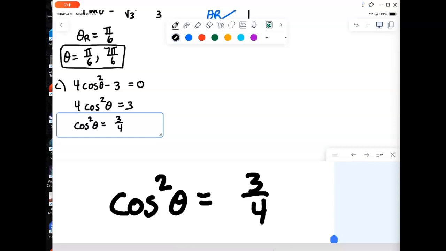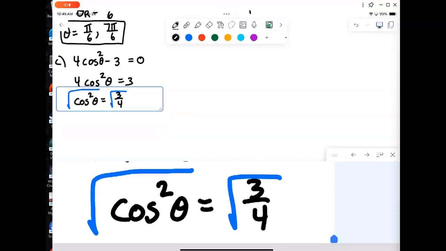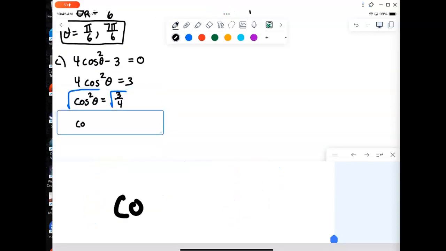Now remember, if you have something squared equal to something, we can solve by applying square root to both sides. When we apply square root to something squared, that brings out a plus or minus.